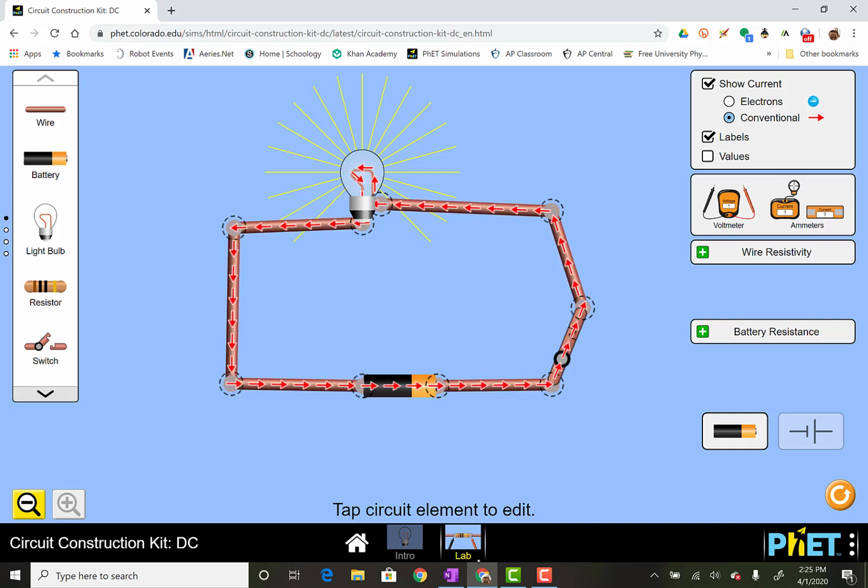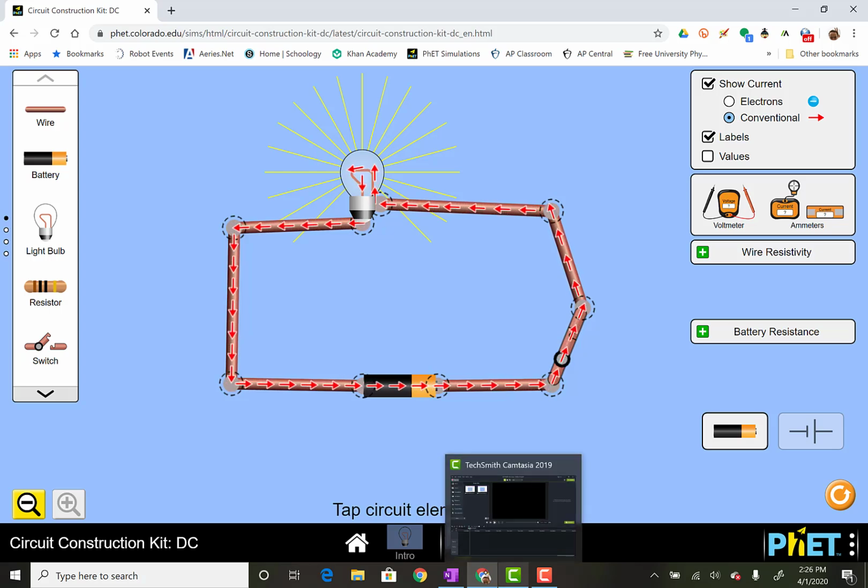Ben Franklin, when doing experiments, was basically saying, oh, it's the positive charge that flows from the positive terminal of the battery to the negative terminal. And then we found out later, oh, crap, it actually ended up being the electrons. But we still use conventional current, so that's what we're going to use here.